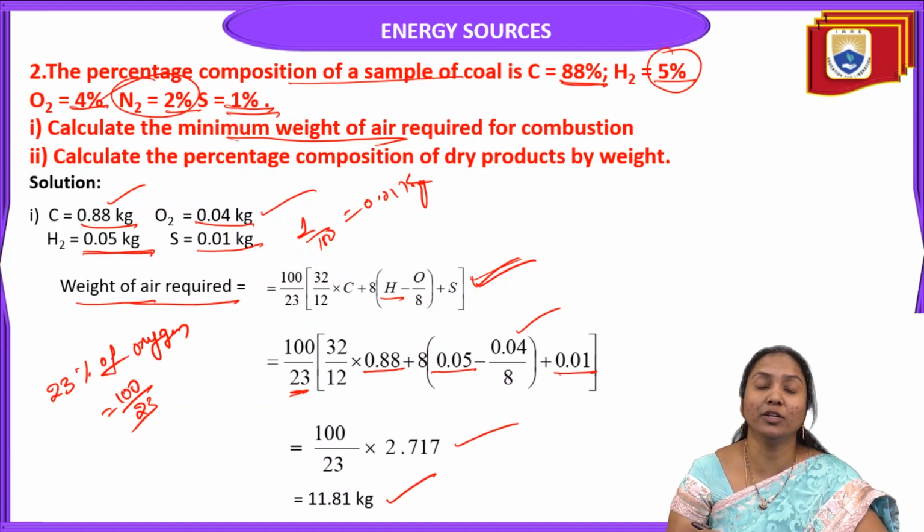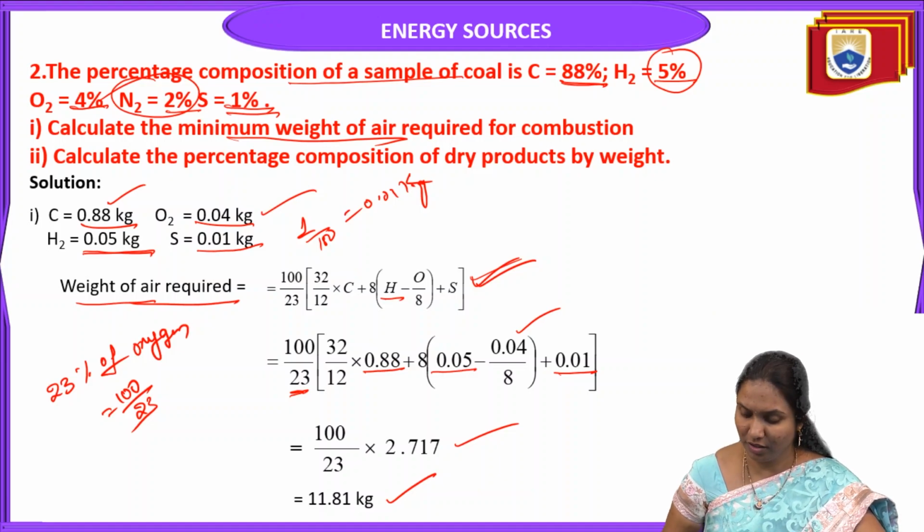So if nitrogen percentage is given in a problem, we can ignore it, because it doesn't require any oxygen and is not part of the combustion reaction. It is negligible. This is most important.